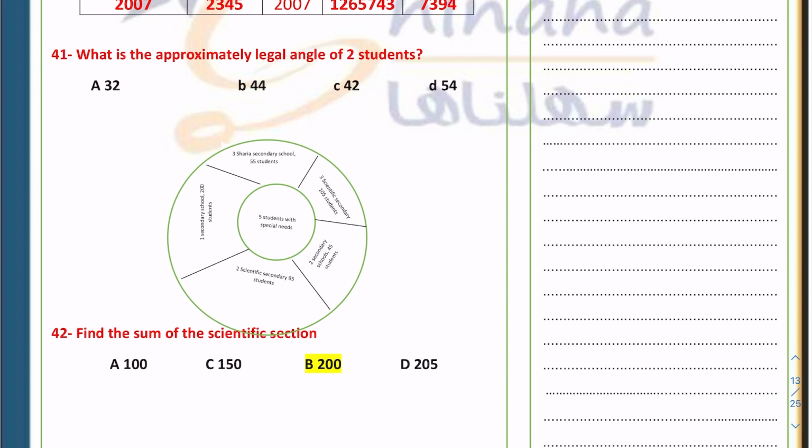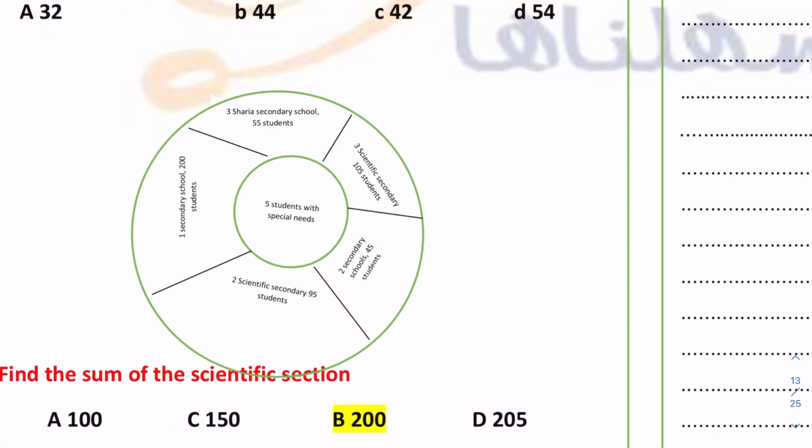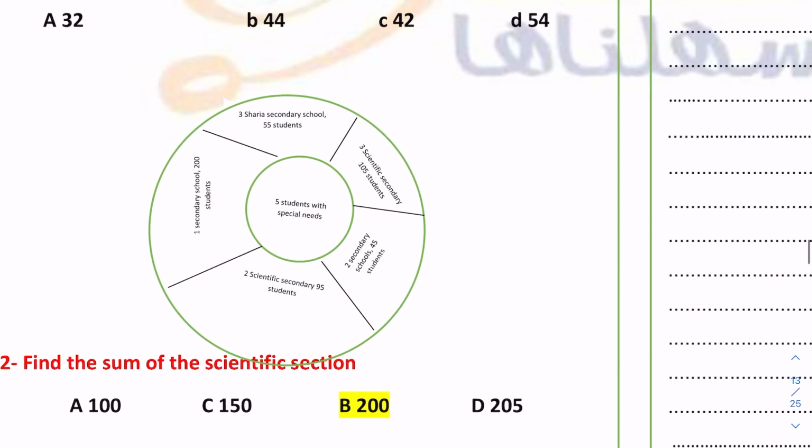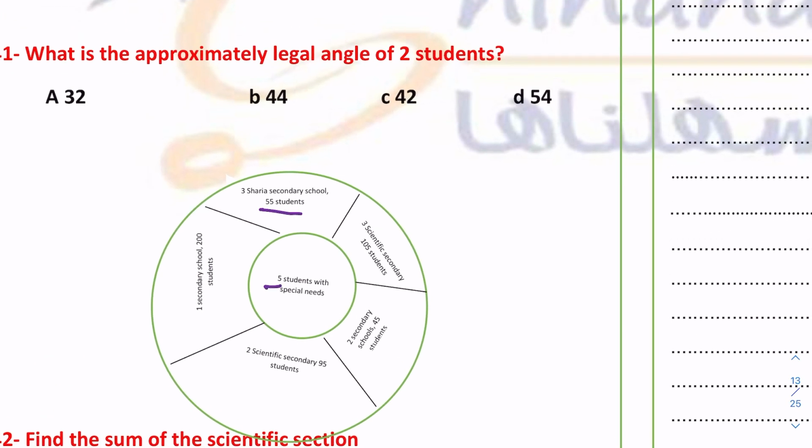What is the approximate central angle for the second one here? We have here 55 students and 5 students, okay? And 200 students and 105 and 45 and 95. What is the sum or the total of these numbers?